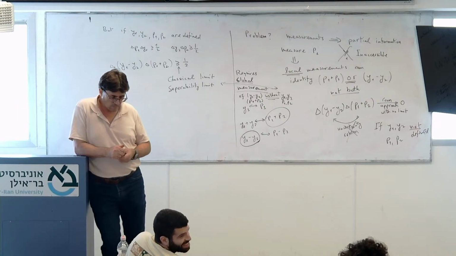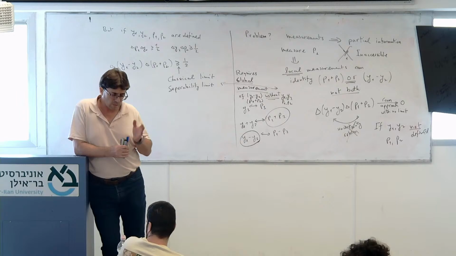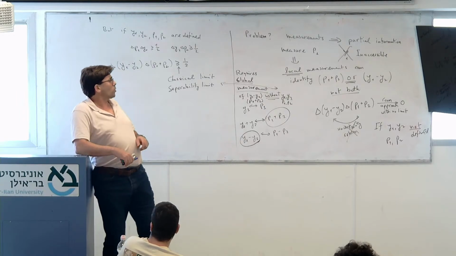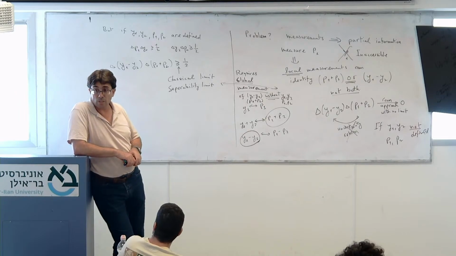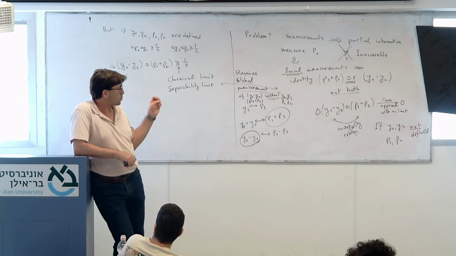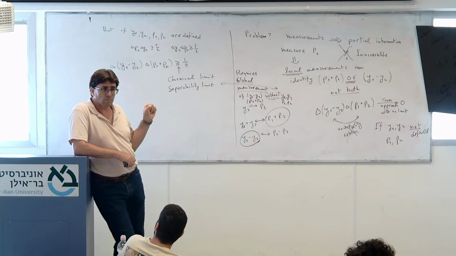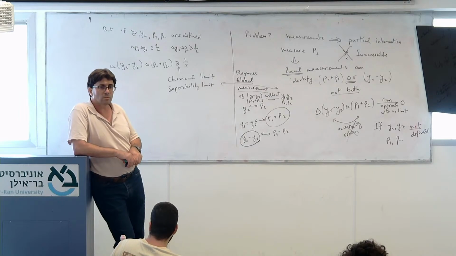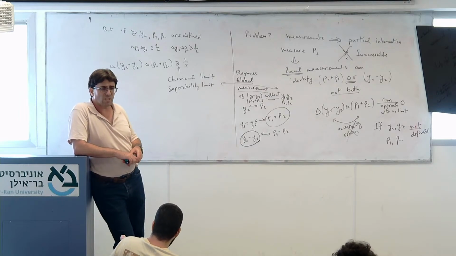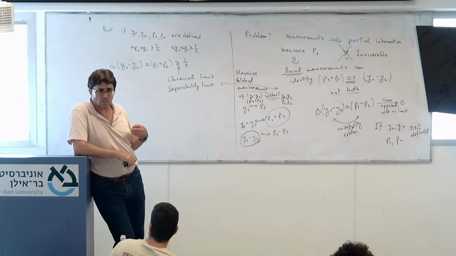Oh, there was one thing that I did want to say, but next time. I did want to connect that to squeezing and parametric gain. The only thing that I can say about that for now is just the fact that what are we talking about here? Pair production. If you have a way to create a pair of particles, this is somehow related to this. But what is squeezing? We discussed it. Squeezing is the emission or annihilation of pairs of photons.